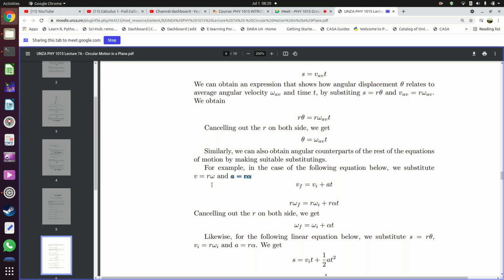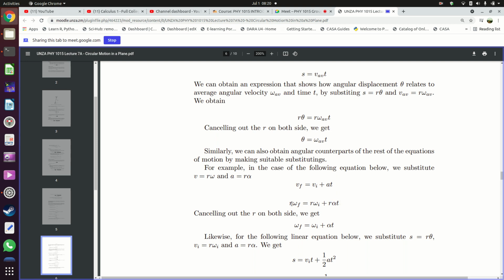So if we substitute r omega for v, and r alpha for a in this equation, on this side you're going to end up with r omega f. The subscript remains the same, f. So r omega f is equal to r omega i plus r alpha t.